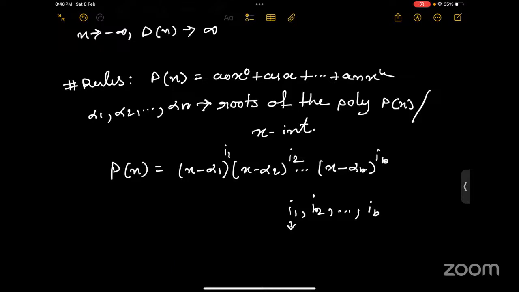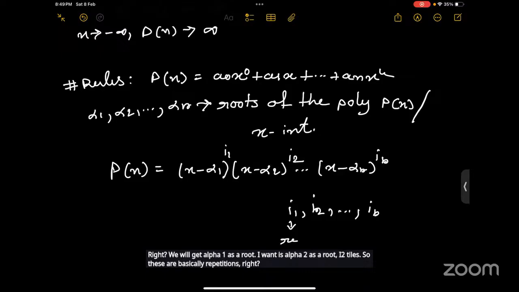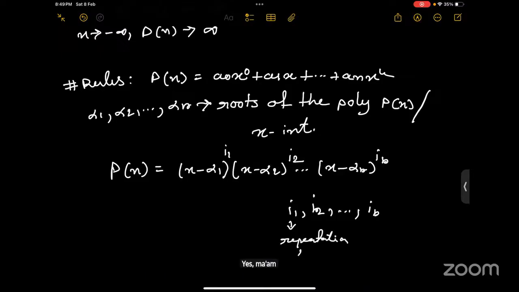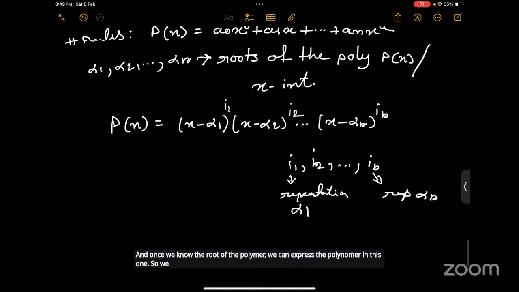Equating with 0, we will get alpha 1 as a root I1 times, alpha 2 as a root I2 times. I1 is the repetition of alpha 1, Ir is the repetition of alpha r, and so on. Once we know the roots of the polynomial, we can factorize it in this form.